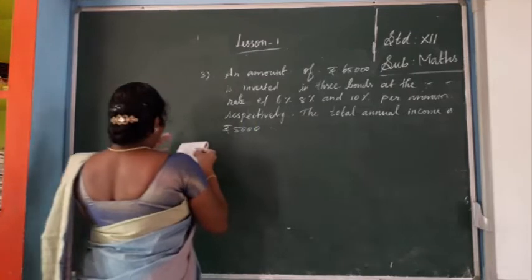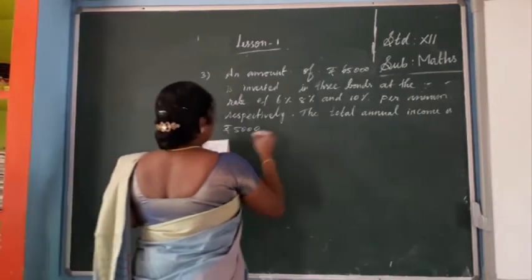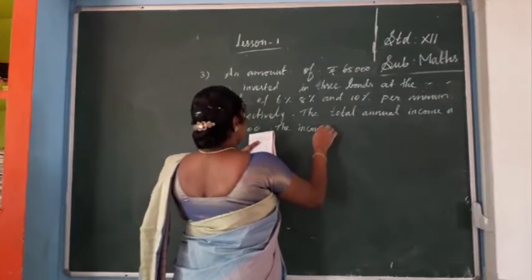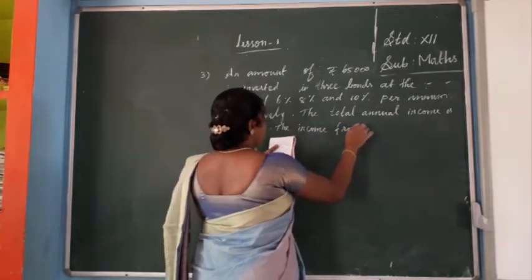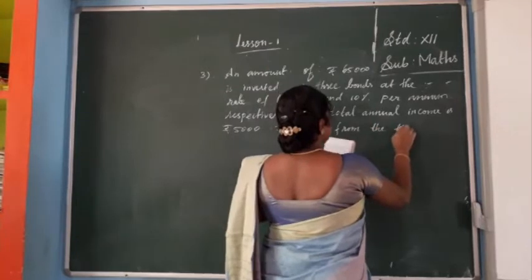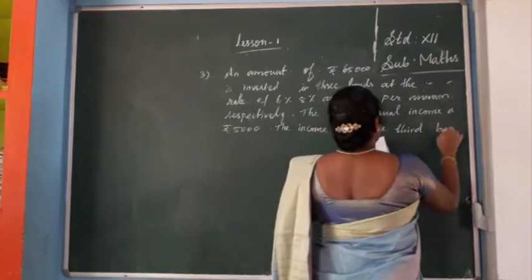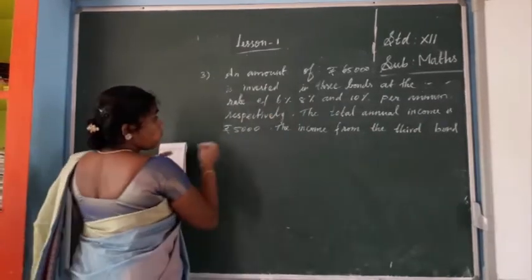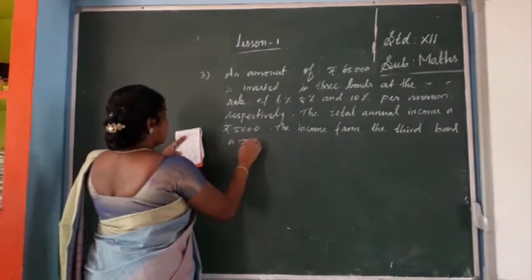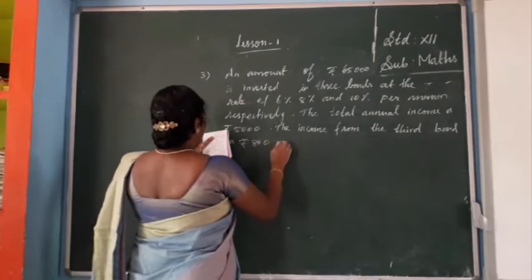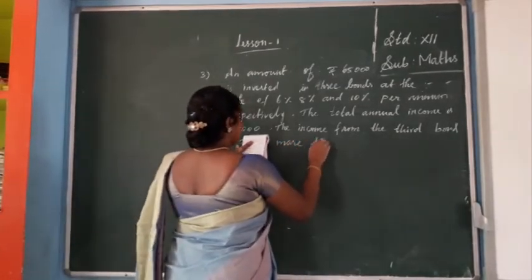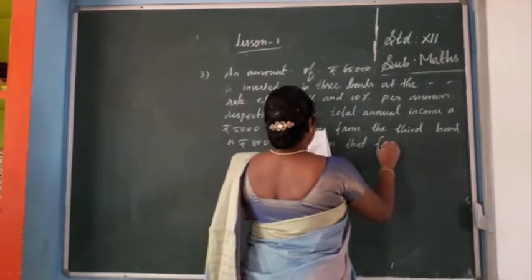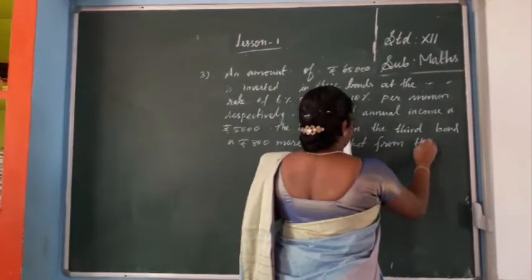The income from the third bond is rupees 800 more than that from the second bond.